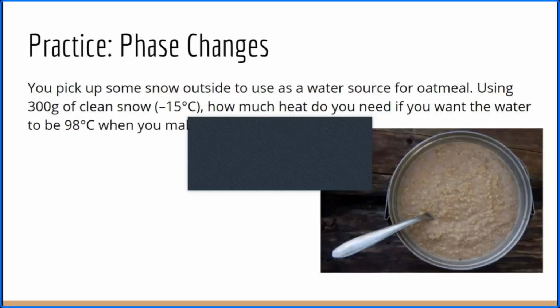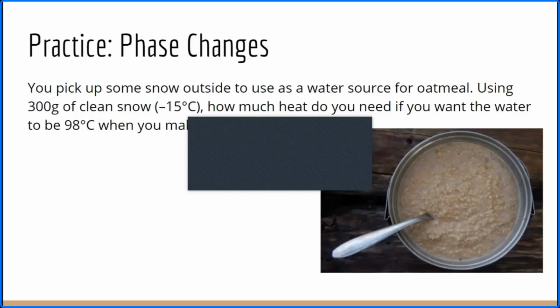So we want to think about this here. We're going to have a phase change because we're starting out with snow, which is ice or solid water, and that's below its freezing point or its melting point. And so what we're going to find is that we're actually going to need 3 steps here.